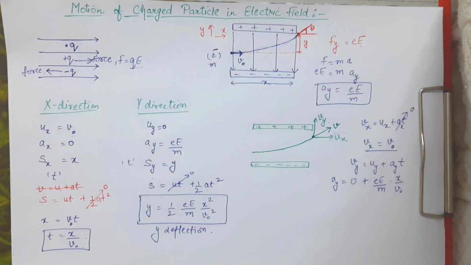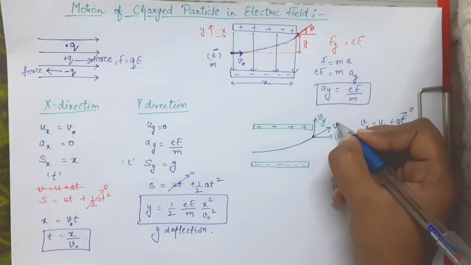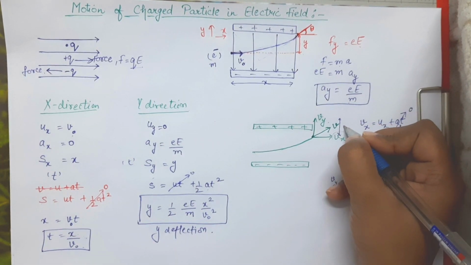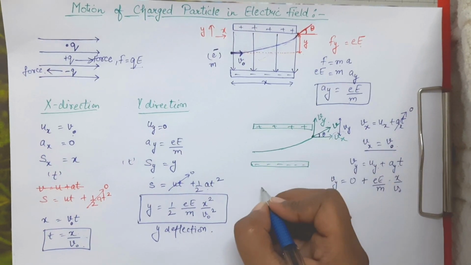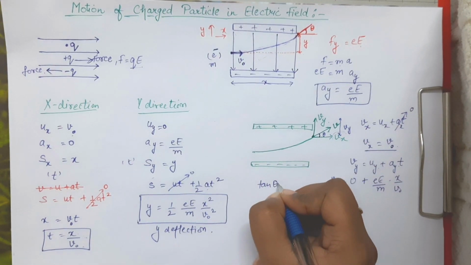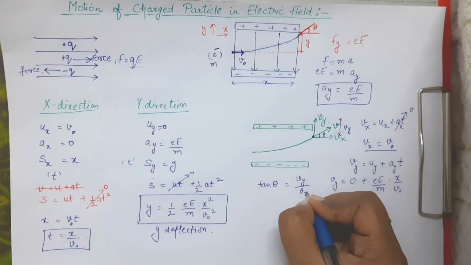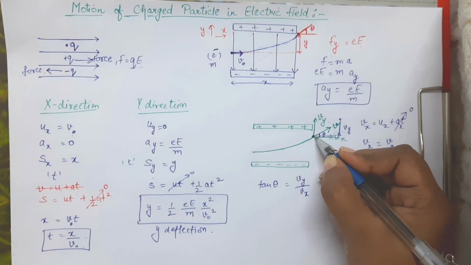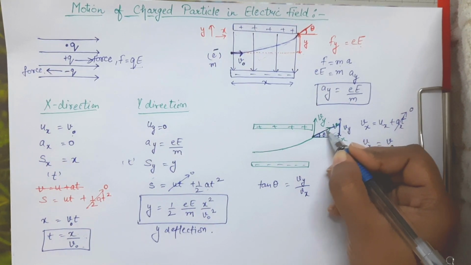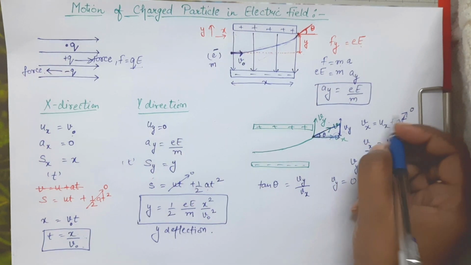Now if this is y, so this will also be y, right, here, and this is theta. If we look at tan theta here, tan theta will be equal to what? vy divided by vx, right? If you look at this particular triangle, tan theta will be equal to what? Perpendicular by base.